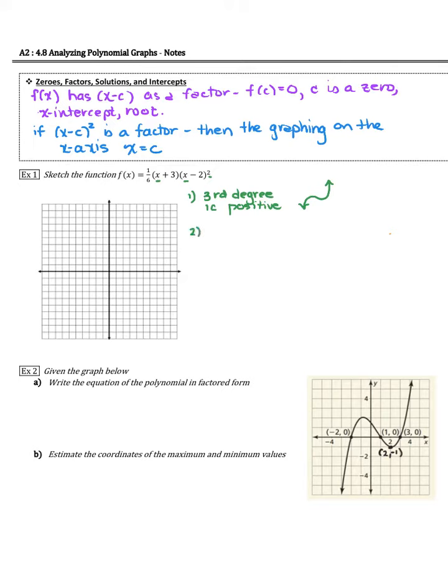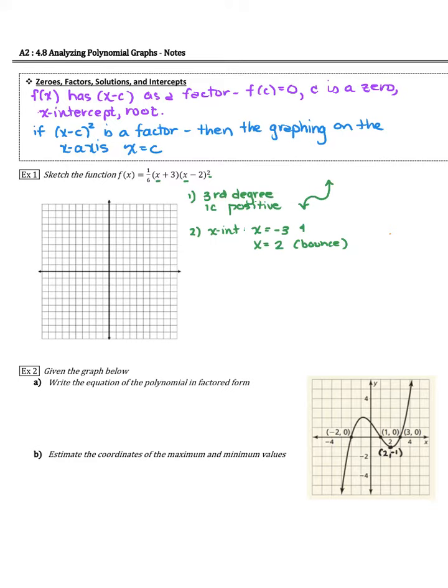We can get that just from looking at the degree and the lead coefficient. The second thing we notice is our x-intercepts. Those are going to be x equals -3 and x equals 2. Since it's x minus 2 squared, and I'm getting these by setting each factor equal to 0, I like to write bounce on this one because it's going to bounce on the axis.